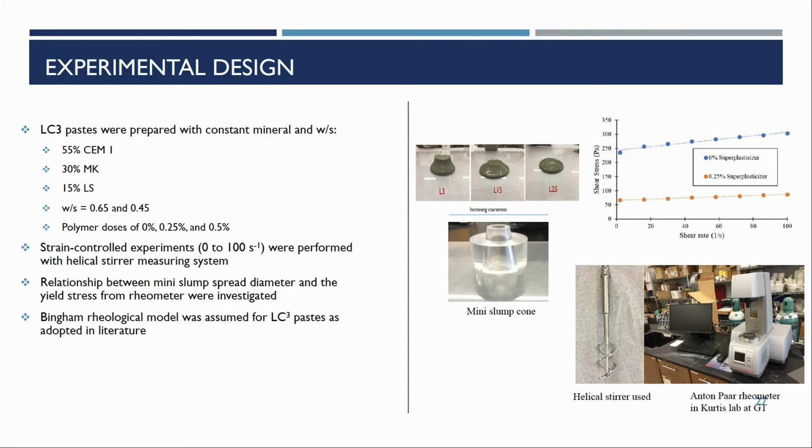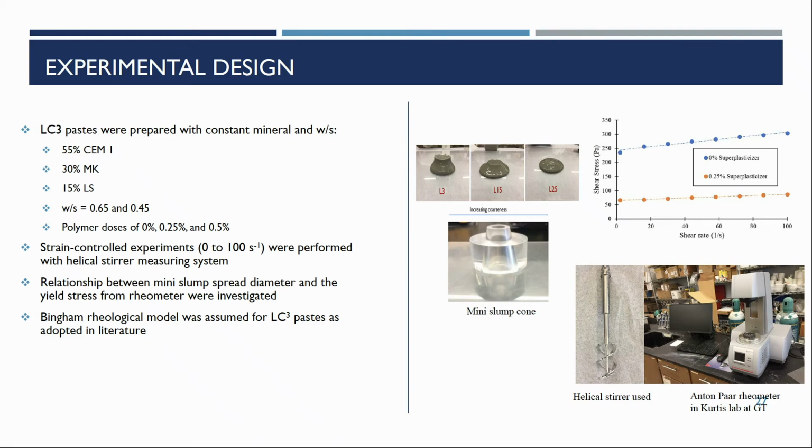These experiments are ongoing. But now we're getting back to that rheology curve. We're looking at the bottom curve and the effects of the superplasticizers on both the slope, which is the viscosity, and the intercept, which is the yield stress of the mini paste.